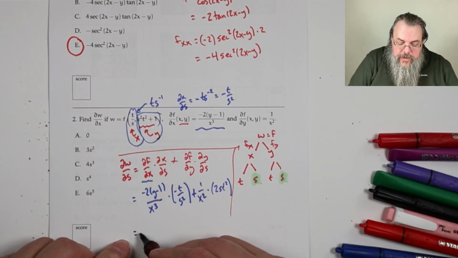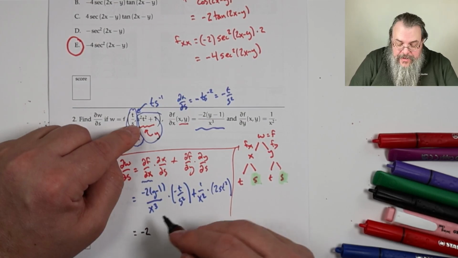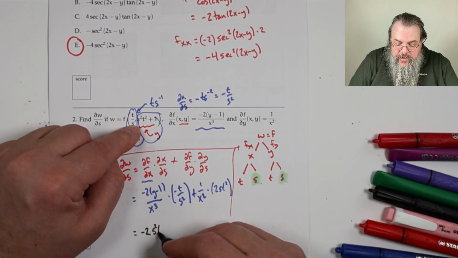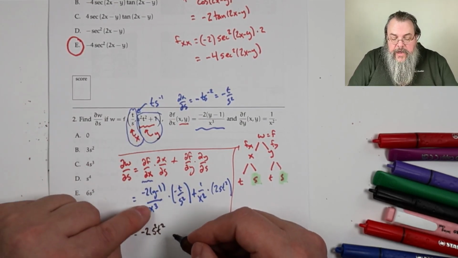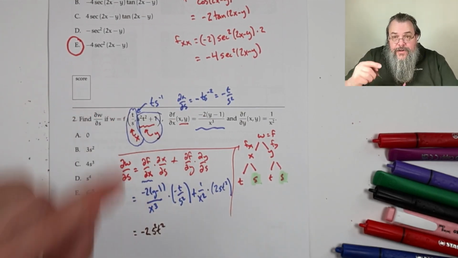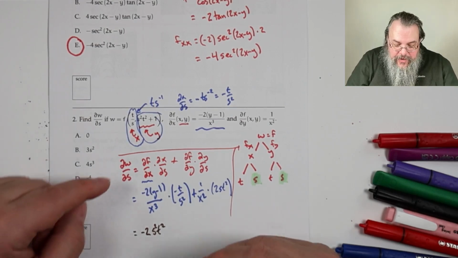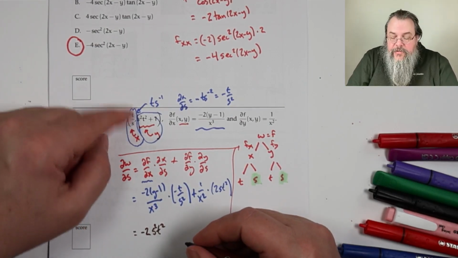So if we do that carefully, we have minus 2, y minus 1 would become s squared t squared. Now x cubed would be t cubed over s cubed. But notice the x cubed is downstairs, so you flip it and you say, okay, so 1 over x is like s over t.